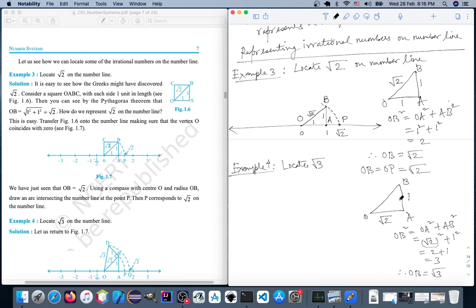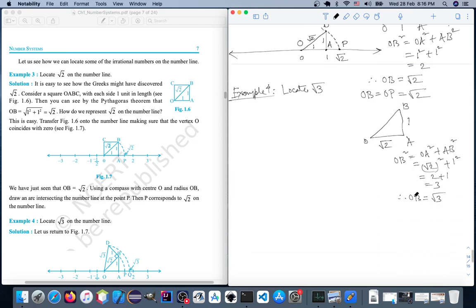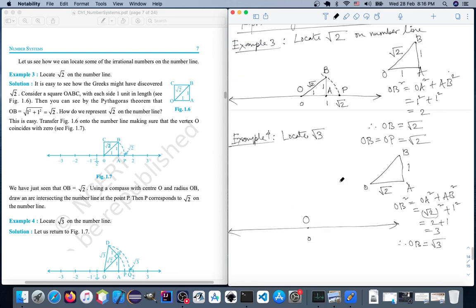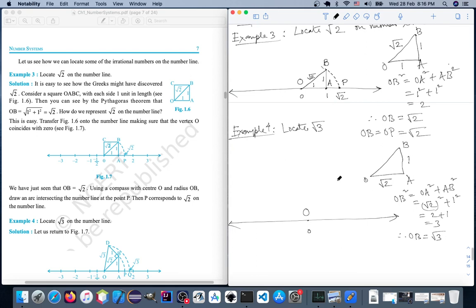Using the same concept, we will try to locate root 3 on the number line. But first we need to locate root 2, which we have already done in example 3. So we draw the number line and mark the origin. This is 0. We draw the previous diagram by locating root 2.